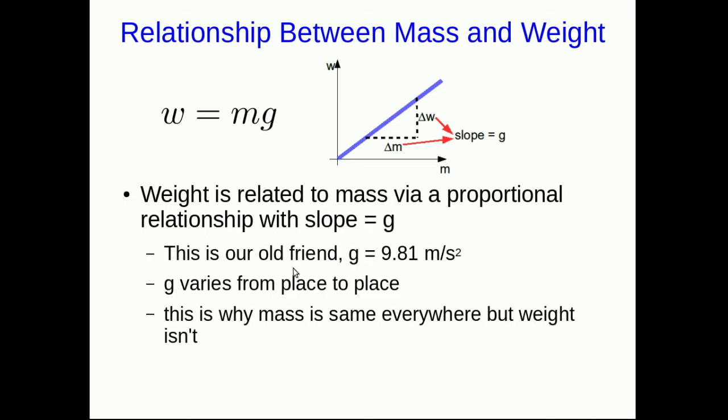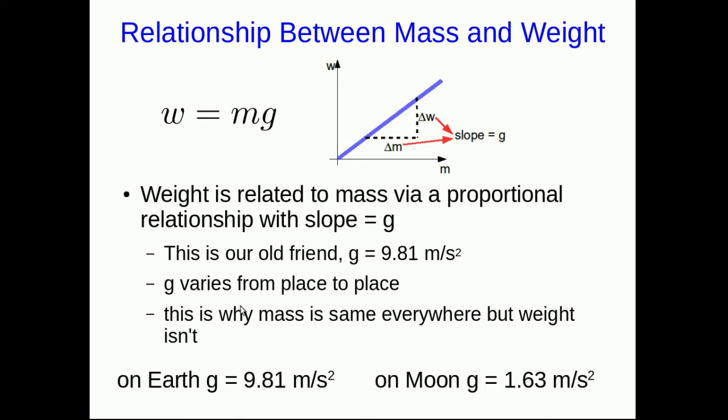And this g is the g we've met, acceleration due to gravity, so on Earth approximately 9.81 meters per second squared. But remember that it varies from place to place, and that's why, even though mass is the same everywhere, weight isn't, because, for example, on Earth g is 9.81 meters per second squared, and so that gives you the slope of this relationship, but on the Moon it's only about 1.63 meters per second squared.